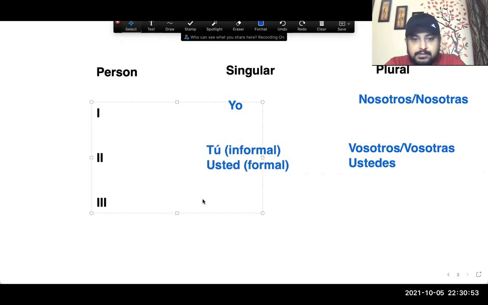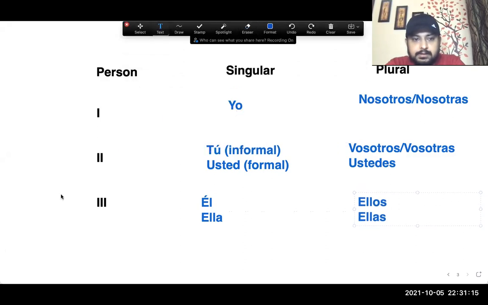And third person: singular will be él, he, or ella, she. And the plural will be ellos, ellas. So this is about persons.